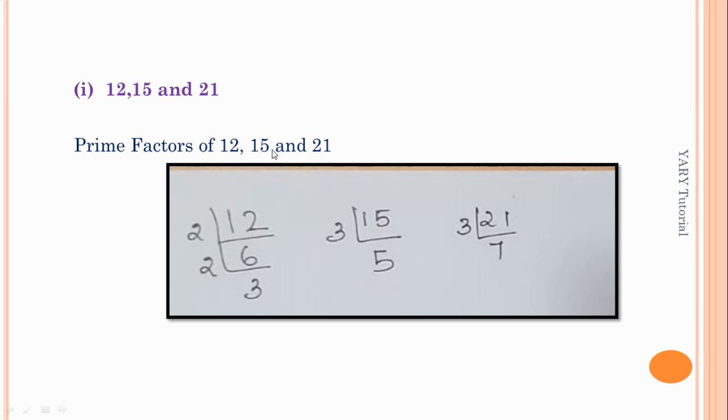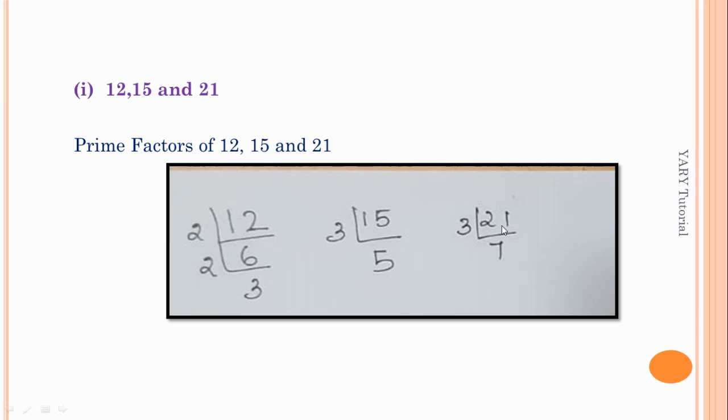For 15, similarly, it can't be divided exactly by 2, so we divide by 3 to get quotient 5. So the prime factors of 15 are 3 into 5. For 21, similarly, it can't be divided by 2, but it can be exactly divided by 3.